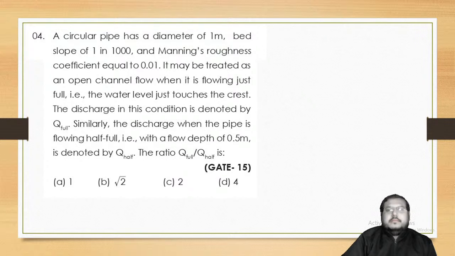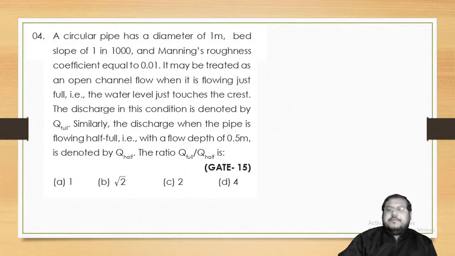Question number 4. See a big size statement. 2 marks is there. Get 15 questions. A circular pipe has a diameter of 1 meter, bed slope 1 in 1000, Manning's roughness coefficient equal to 0.01, and it may be treated as an open channel flow when it is flowing just full.